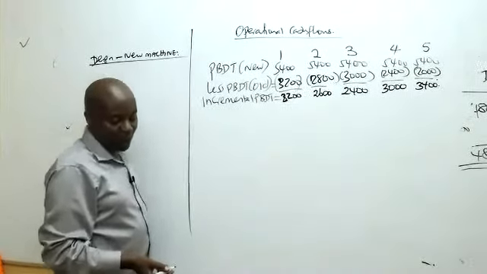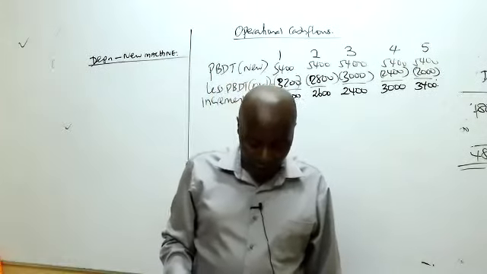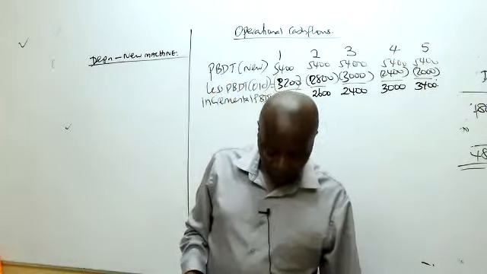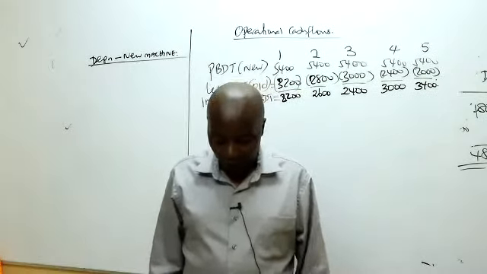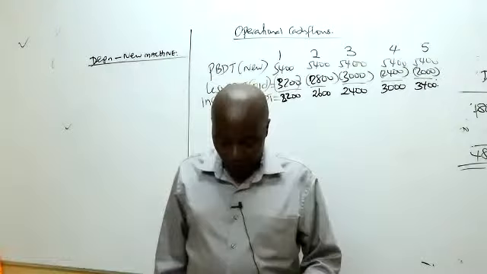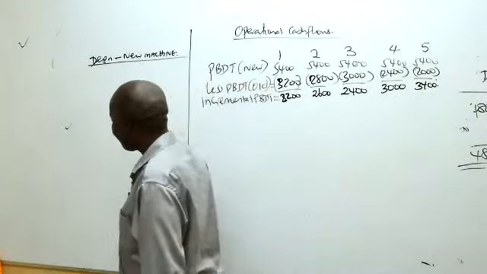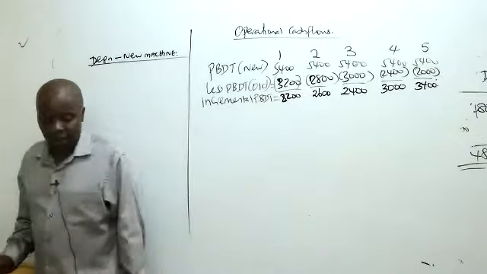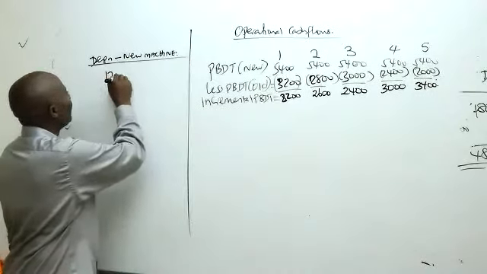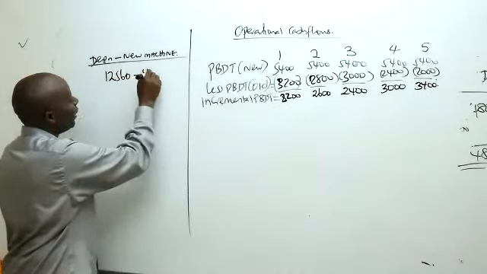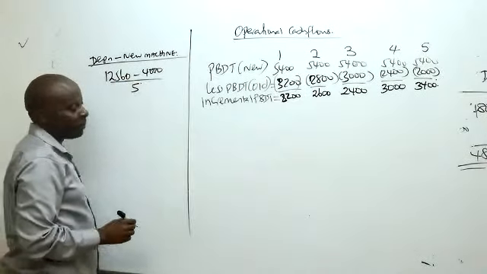So the new machine, from this particular paragraph, the paragraph that is talking about the new machine. They told us that the cost is 12,560 with a salvage value of 4,000, and then useful life is 5 years. So we have here 12,560 minus 4,000 divided by how many years? 5 years.